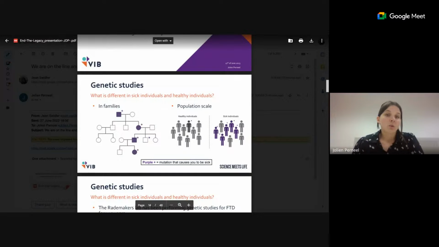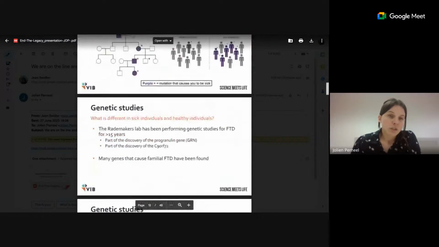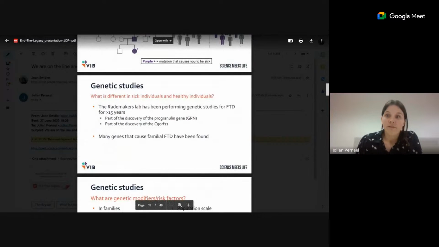One way we can do this is in families, where an affected individual is colored in purple, and we compare them to healthy family members. Or we can also do this on a population scale, as you can see on the right side. And what you can see here is that having this purple plus represents the mutation that causes you to be sick. So using this type of genetic study, we can find causal genes.